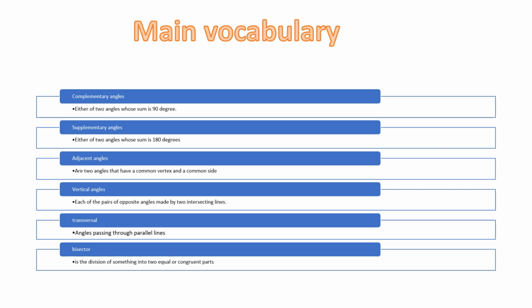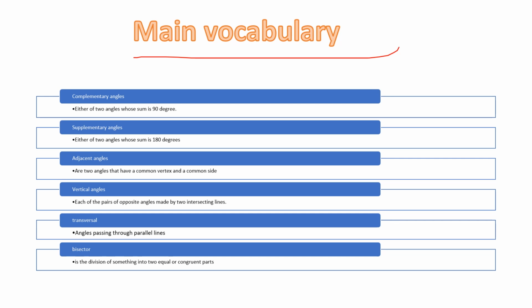Okay, here's the main vocabulary. Complementary angles are two angles whose sum is 90 degrees. Supplementary angles are two angles whose sum is 180 degrees. Adjacent angles are two angles that have a common vertex and a common side.